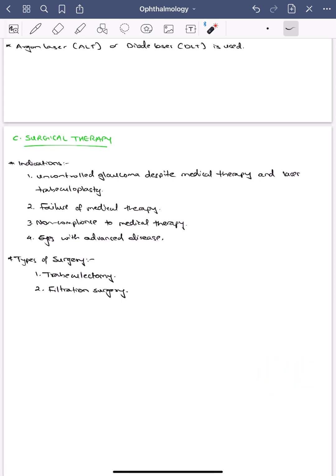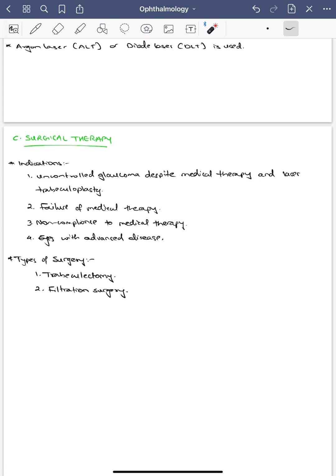Then we discussed the pathogenesis of glaucoma, that is decreased outflow due to causes in the trabecular meshwork, and this can be due to sclerosis or thickening of the trabecular meshwork, leading to decreased size of the intertrabecular spaces.